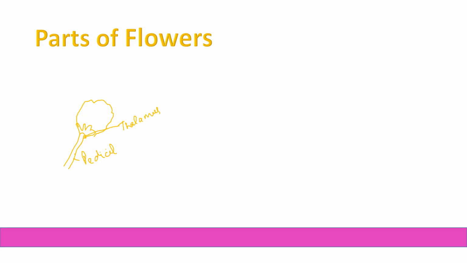Then we have the different layers. The outermost is called calyx, the small green leaves at the base of the flower. Then the next one is the more colorful layer, which is called corolla. These are all the petals.